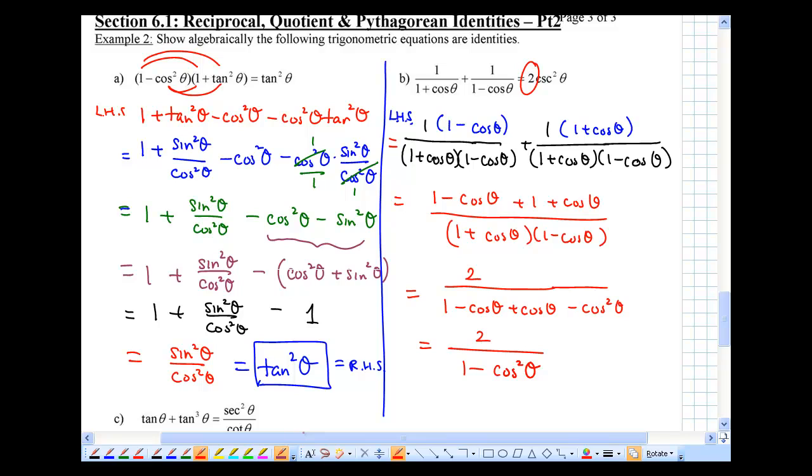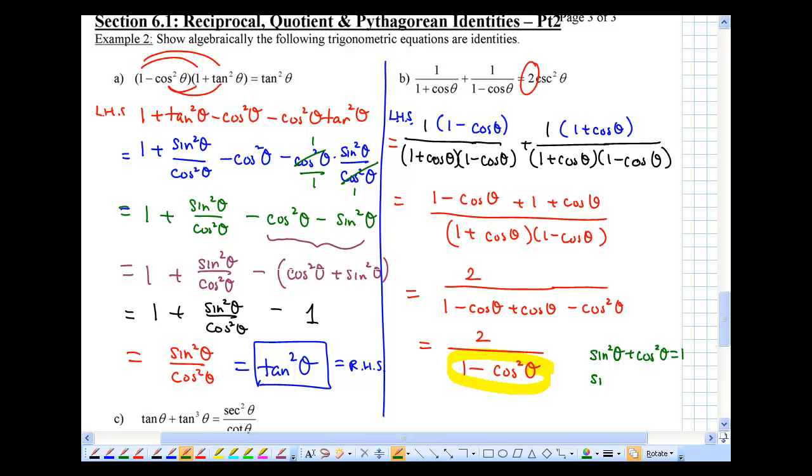And now, sometimes it's nice to look back at the other side and think, what do I want in the end? I want something with cosecant. Well, I know cosecant is 1 over sine. And maybe you're thinking here, 1 minus cos squared theta. Well, hey, doesn't this Pythagorean identity kind of help us out?